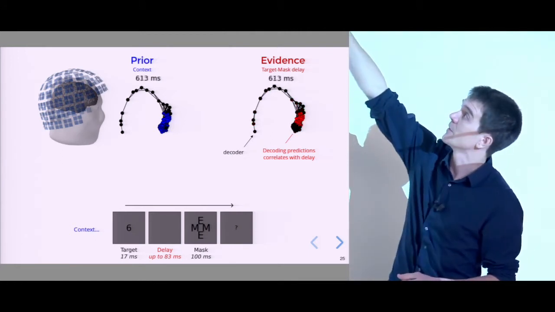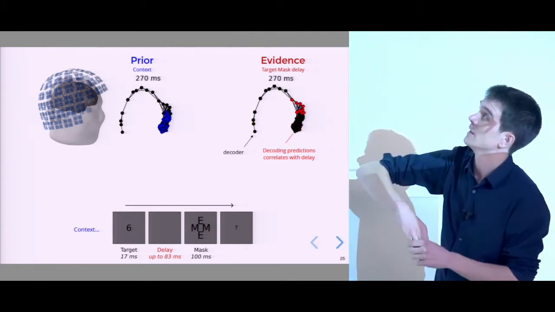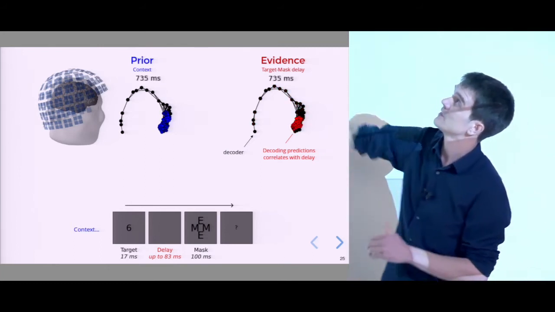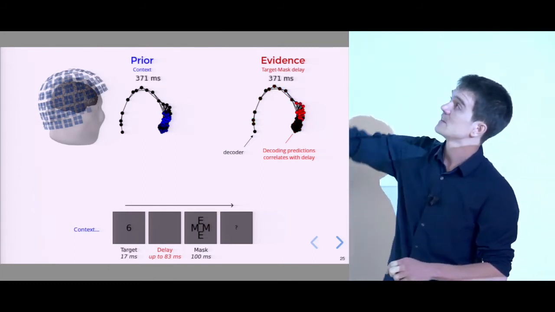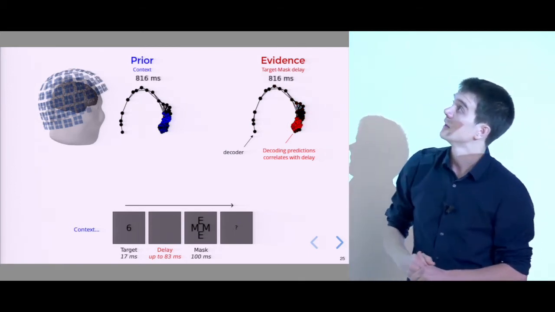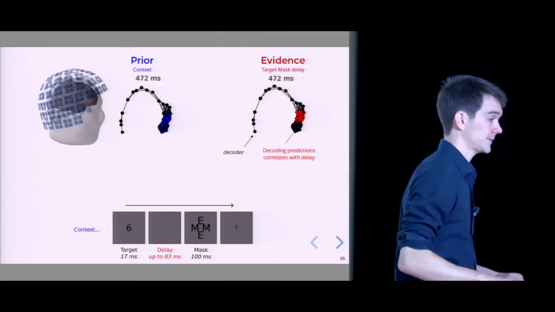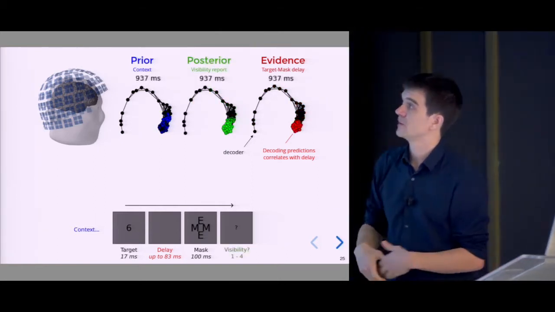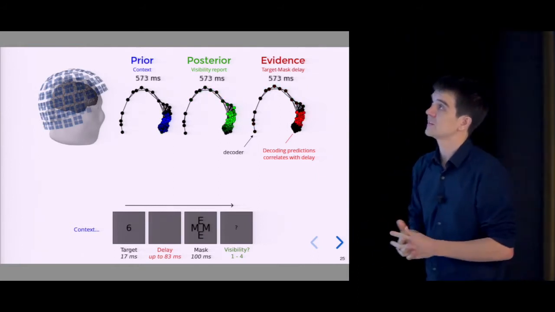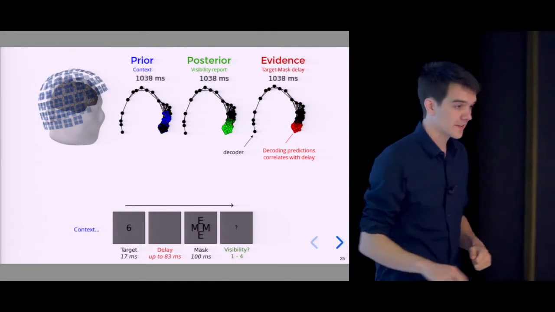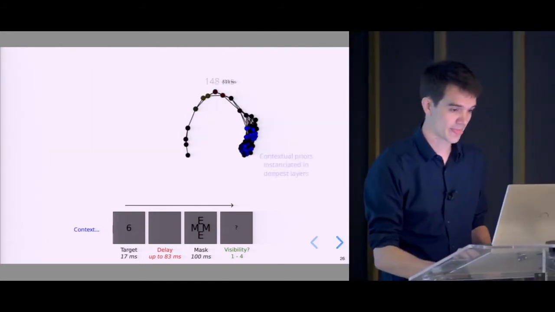You'll see that we have only the deepest part of the architecture, quote unquote, which is correlated with this effect. And this is true before the stimulus onset, so before T0, and it's true throughout the trial. And now, if we look at the posterior, so the decision of the subjects, whether they actually rated the stimulus to be seen or not, it looks very similar to the evidence, but when we look carefully, we'll see that it's actually very different.